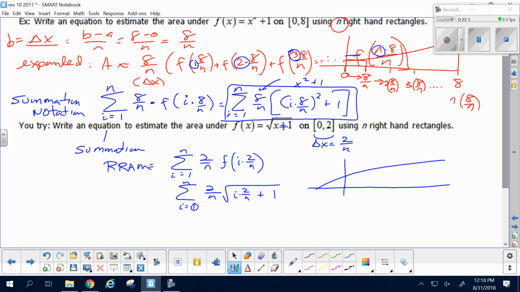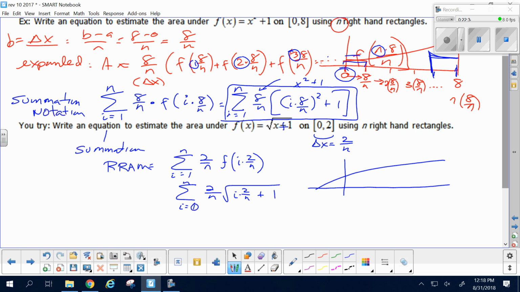And where would I end? N minus 1, because instead of getting all the way to the right side, if we're using left-hand rectangles, we're starting right at the left edge, and we're not going to the nth side. We're going to the n minus 1.